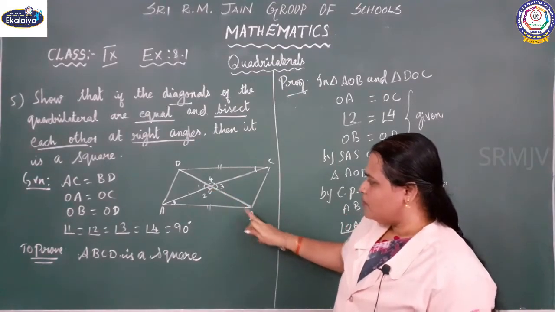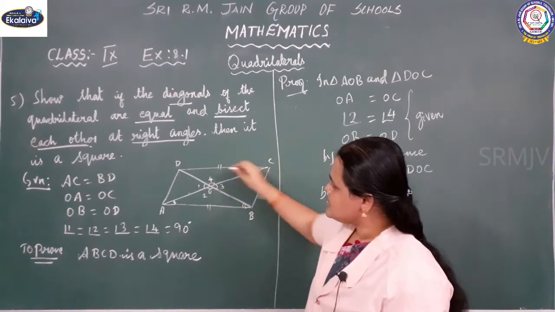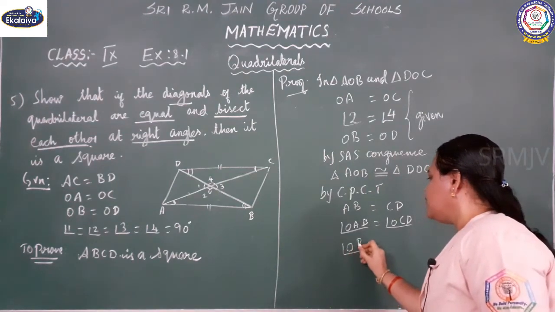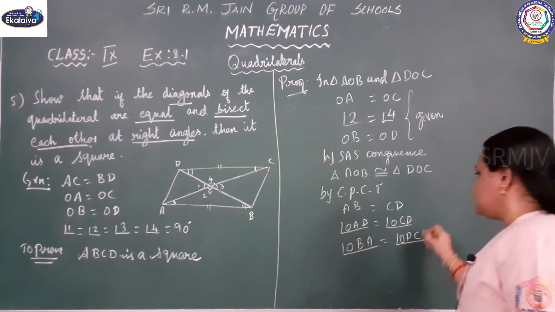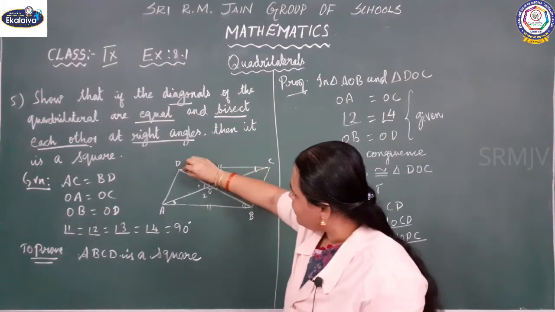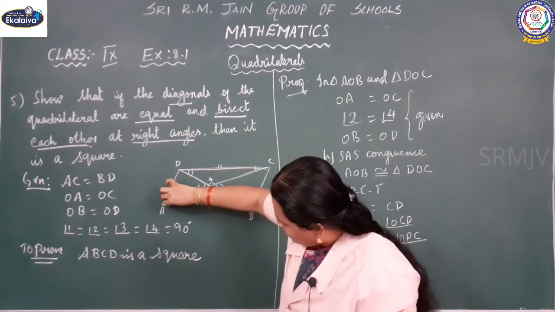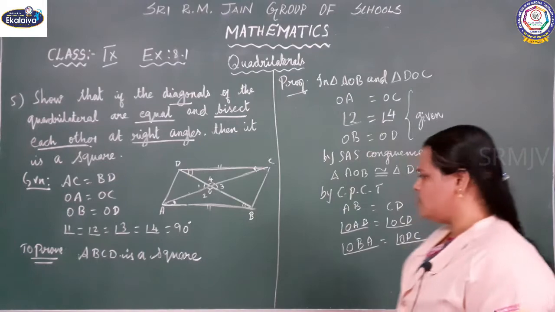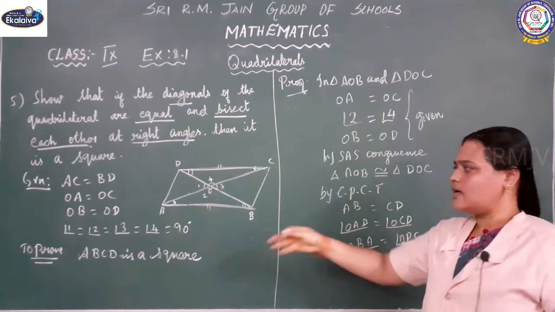Similarly, angle OBA is equal to angle ODC. So just look into these two angles. If I draw again, just look into the diagram, the line which I am drawing alone, you get a Z, right? So these two angles are alternate angles. We know if alternate angles are equal, then the lines containing those angles are parallel.